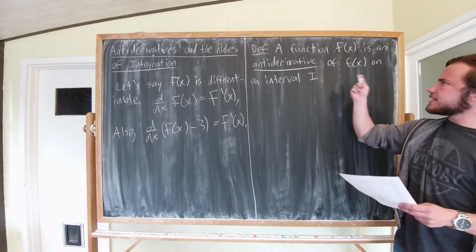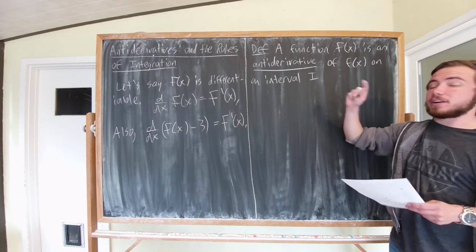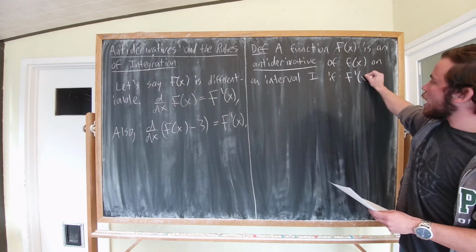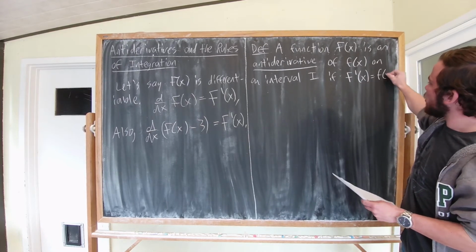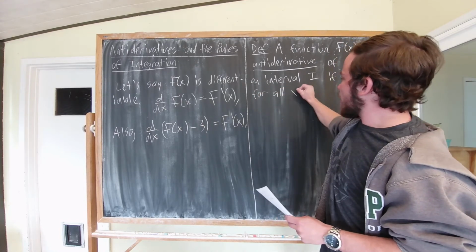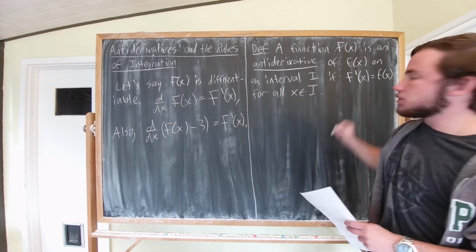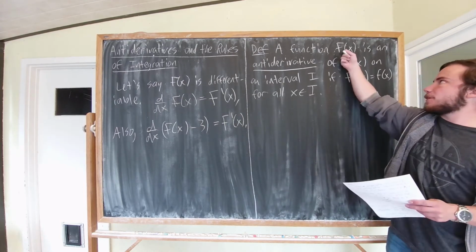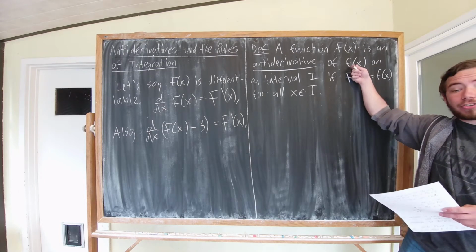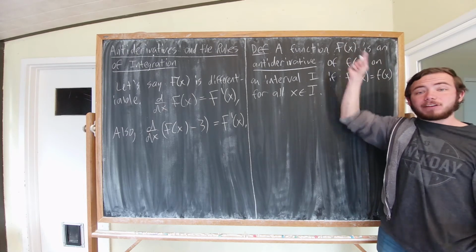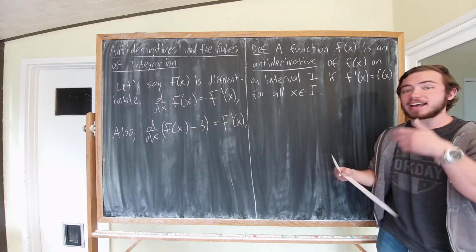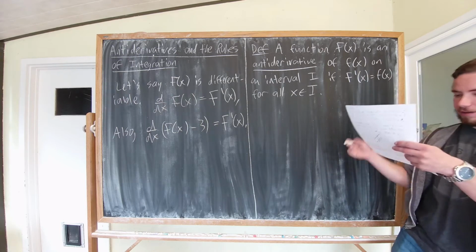So, capital F of x is an antiderivative of little f of x on an interval I if capital F prime of x is equal to little f of x for all x in the interval. So basically, if you can find some function such that when you take the derivative of that function, you get back your original one, then you say, oh, that big function, capital F of x, is an antiderivative because it has as its derivative your target.